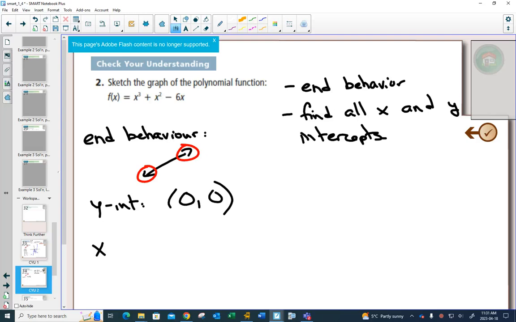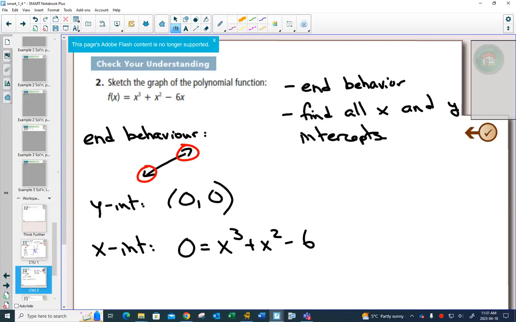Our x-intercepts do take a little bit more work, because you find an x-intercept by plugging in 0 for y. And then how do you solve an equation like this? You solve it by factoring. Everything we did in 1.1 and 1.2 was learning how to factor things that were bigger than x squared. That's what we're going to use now.